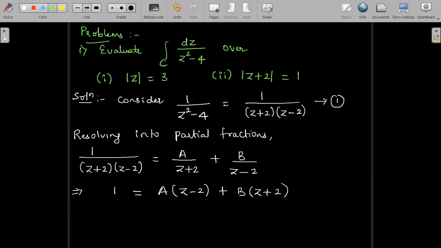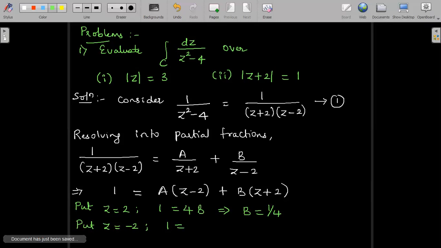Putting z is equal to 2, we get 1 is equal to (2 plus 2), which is 4b, so b is 1 divided by 4. Similarly, when we substitute z is equal to minus 2, we get minus 4a, and hence the value of a is minus 1 by 4.